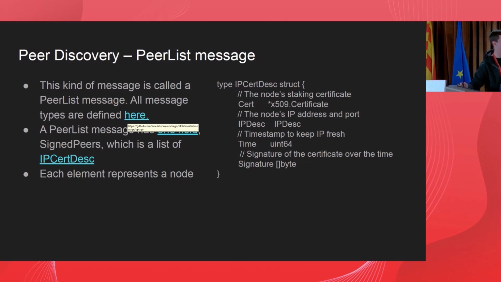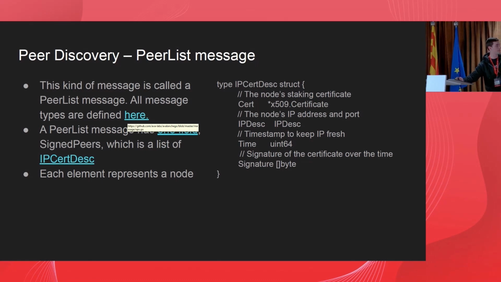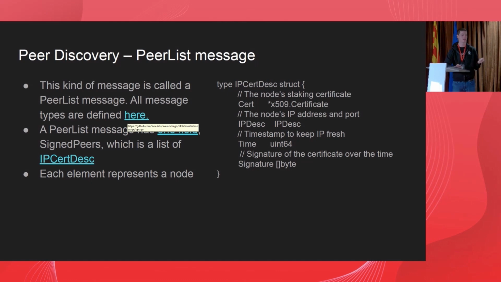You include the signature of the certificate over the IP and time, so that you can verify that this is the freshest time and IP, and that it actually came from that node. So when I'm sharing my information with you, I include what I think my clock time is and my IP address, and then I sign it.